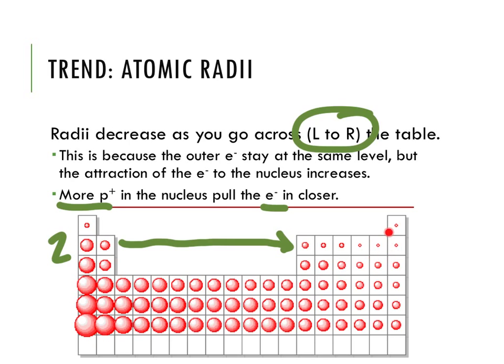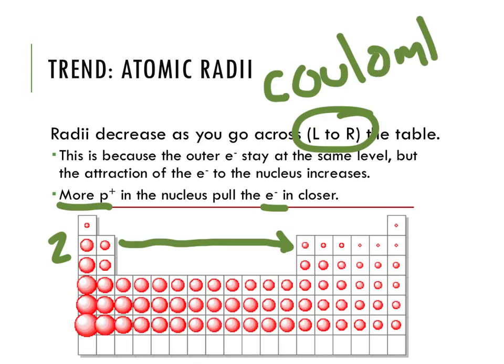Because fluorine has more protons, they will pull more strongly on the electrons. It's something we call a Coulombic attraction. C-O-U-L-O-M-B-I-C. It's what makes two magnets attracted to each other.